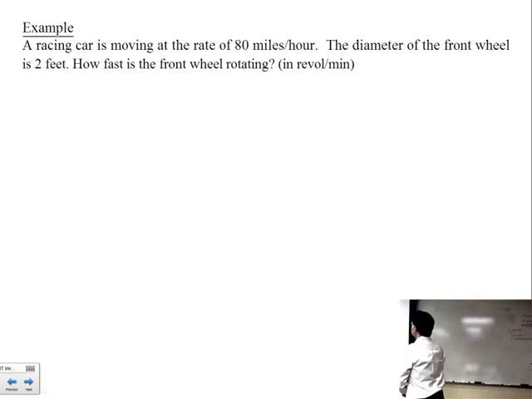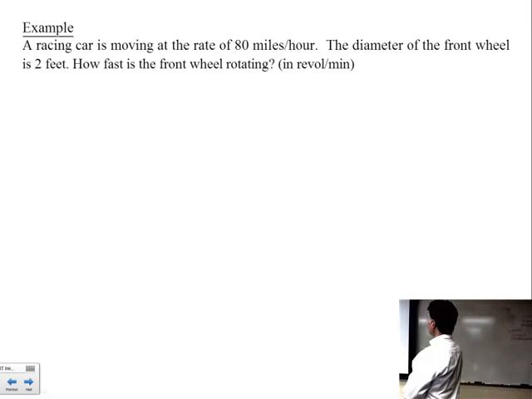So a racing car moving at a rate of 80 miles an hour. The diameter of the front wheel is 2 feet. How fast is the front wheel rotating in RPM? So what's the RPM of the tire?